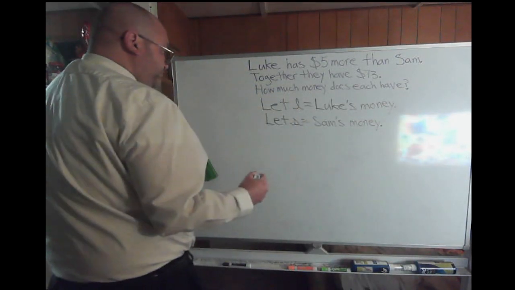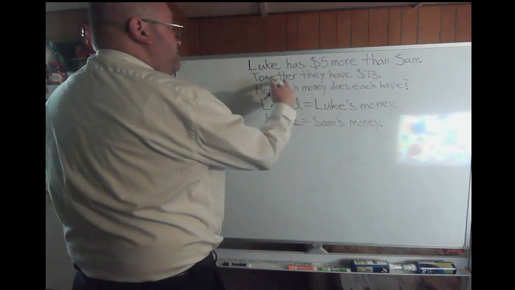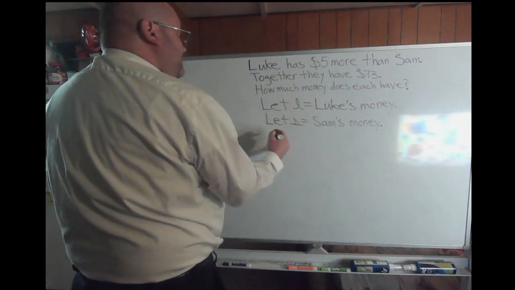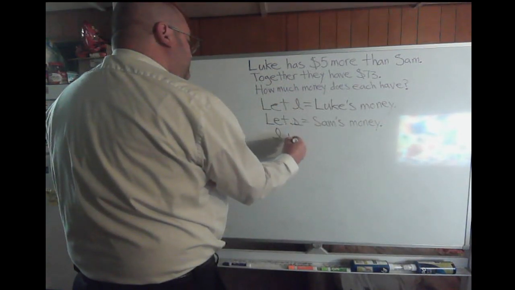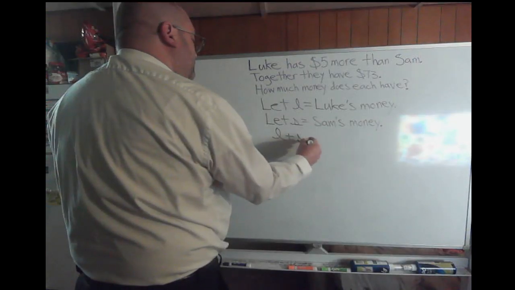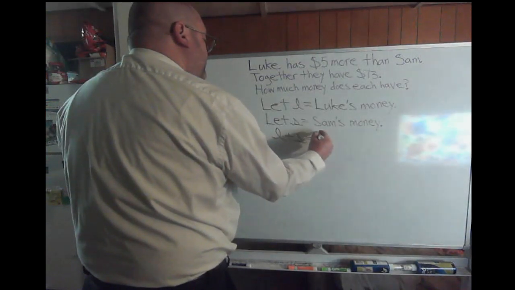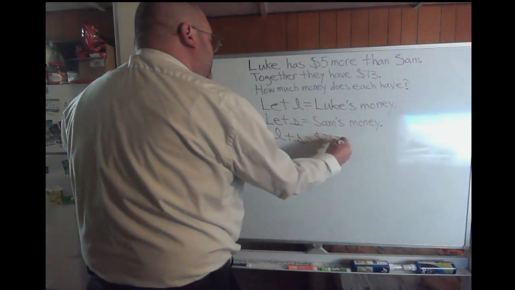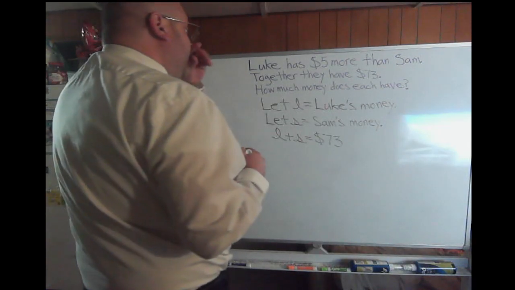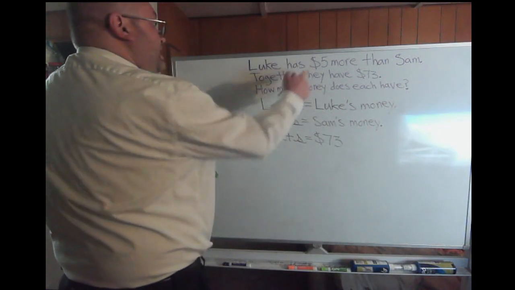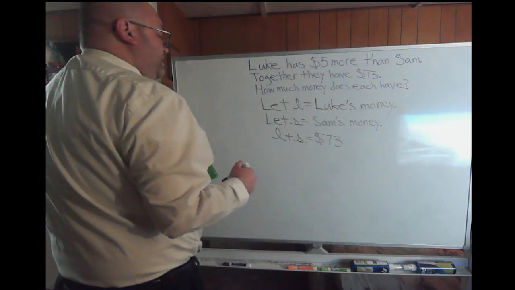Well, let's start with the second sentence. Together they have $73, so Luke's money plus Sam's money would equal $73. Well, it says Luke has $5 more than Sam.